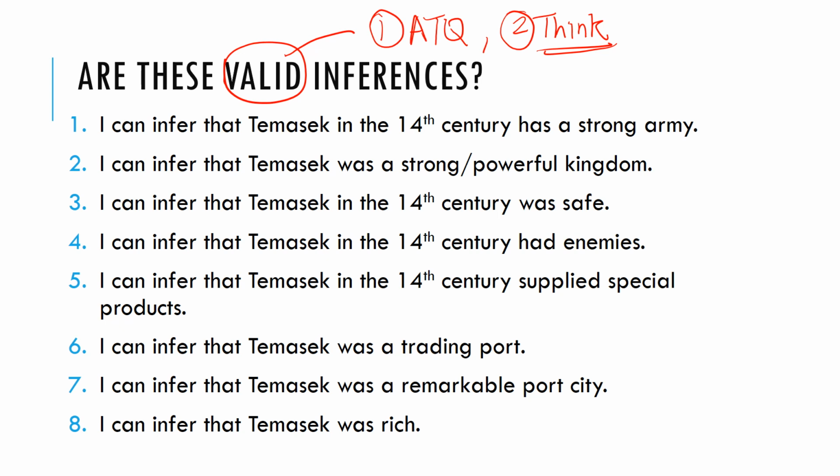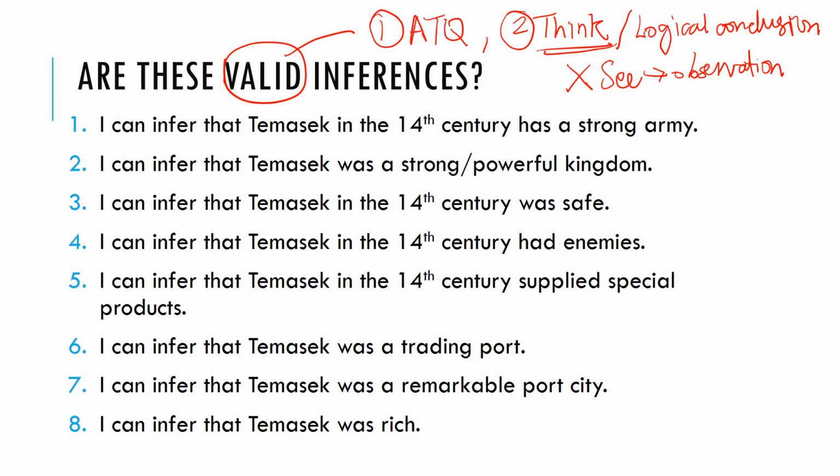Alternatively, a phrasing that I would have used in class is that it must be a logical conclusion. It should not be something that we see, because if it is something that we see, that is an observation. I know my handwriting is terrible, but it's very, very hard to write on the screen, so please bear with it. Now let's go through all 8 statements.